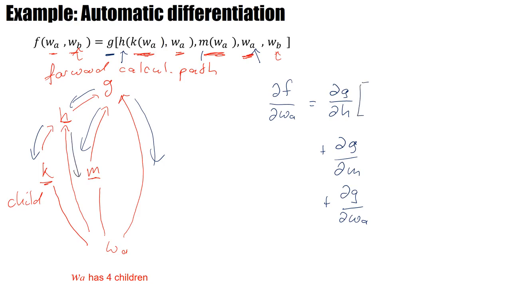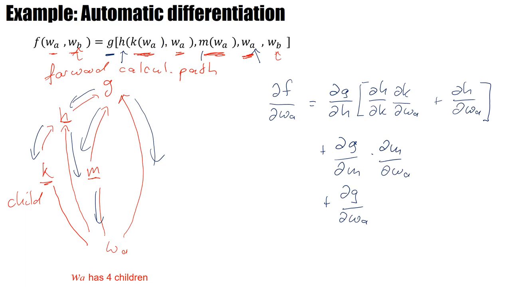So let's do this. dh/dk, dk/dwa, plus dh/dwa, direct path. Then we have the dg/dm, and the M depends on WA, and there's nothing in the other part.